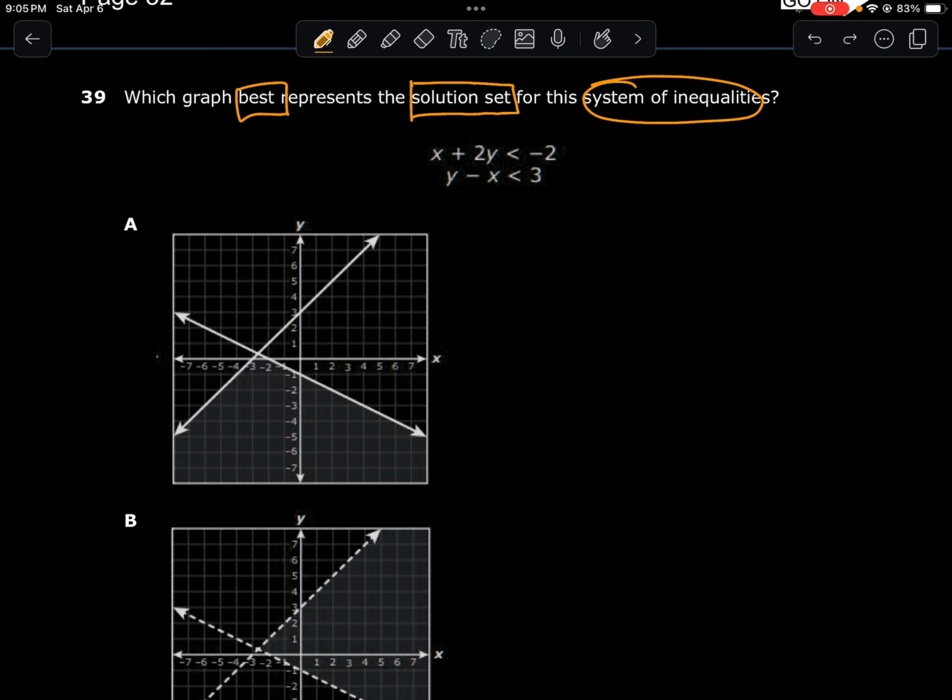Okay, less than, it's not equal, so the lines are going to be dashed for each one of them, and less than means shade the bottom part, and here the same, shade the bottom part.